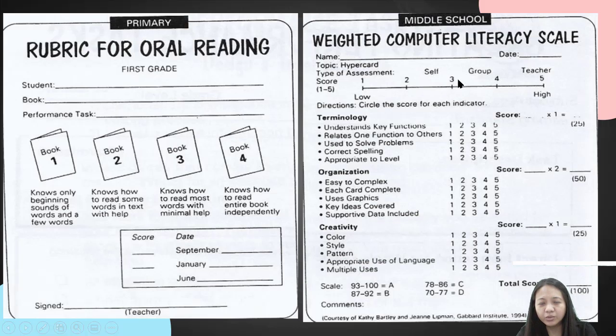And then for middle school, computer literacy skill, you can have it like this one: name, date, the topic, type of assessment, the score, and how to do this one, the direction, circle the score for each indicator, and then terminology, organization and creativity, each with a description.